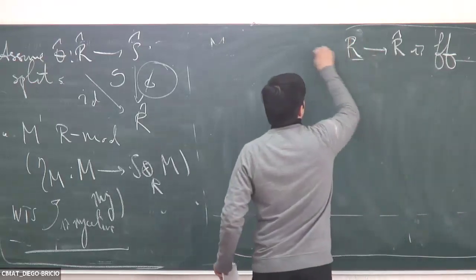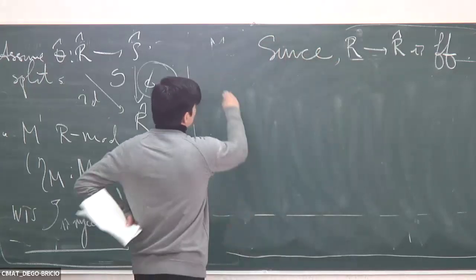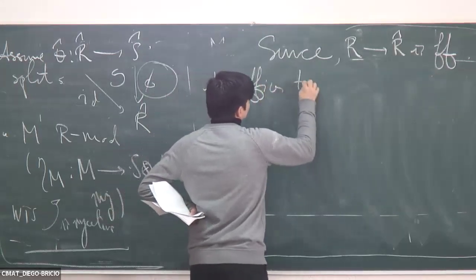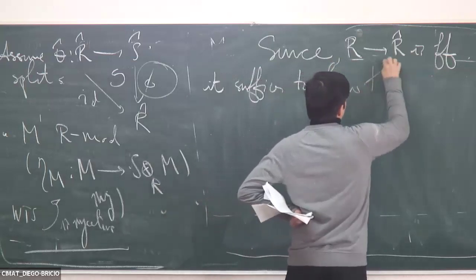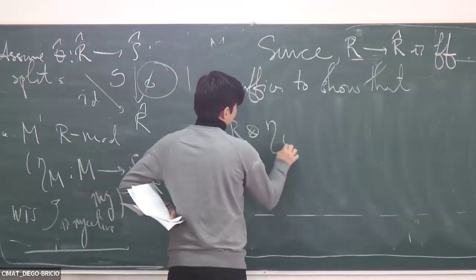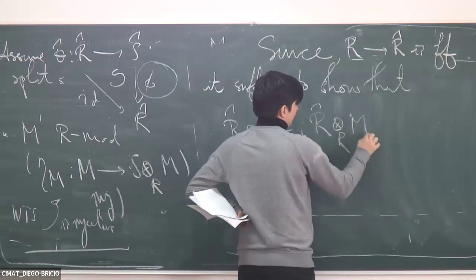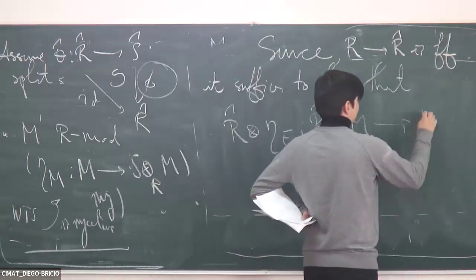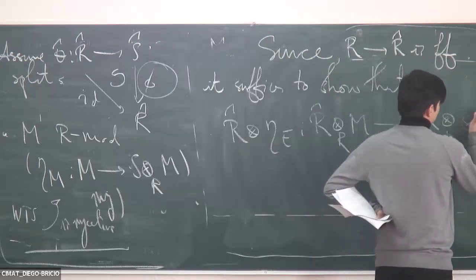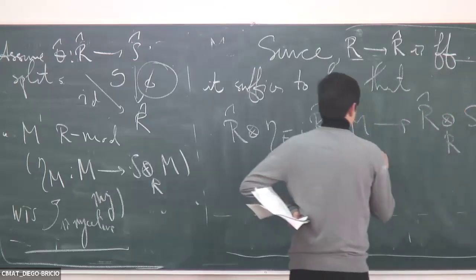Since this is faithfully flat, it suffices to show that R hat tensor eta E, which is a map from R hat tensor N to R hat tensor R tensor, sorry, S tensor R tensor N, is injective.